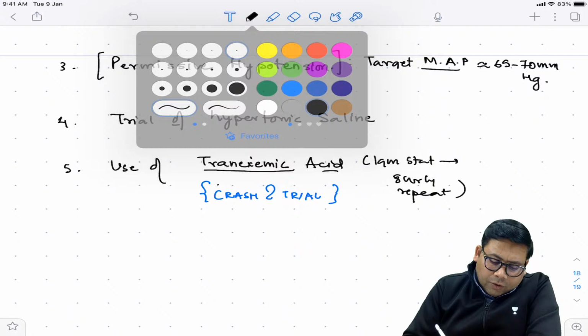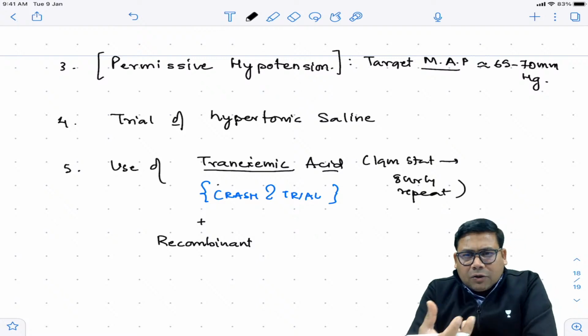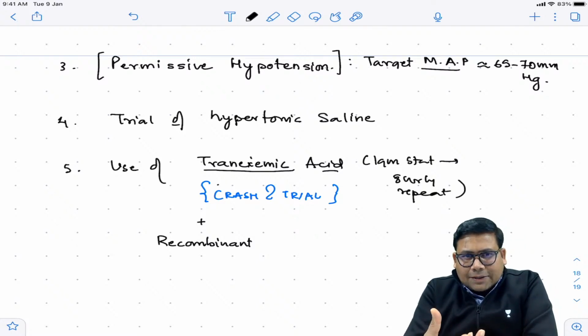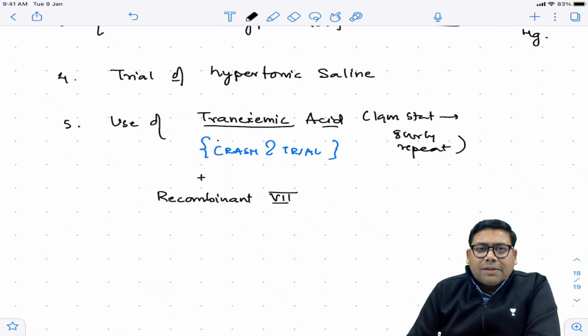Along with that, you can also use recombinant factor 7. Factor 7 is the factor which is going to ignite the extrinsic coagulation cascade. So recombinant factor 7 is very important. Tranexamic acid, recombinant factor 7. What else?